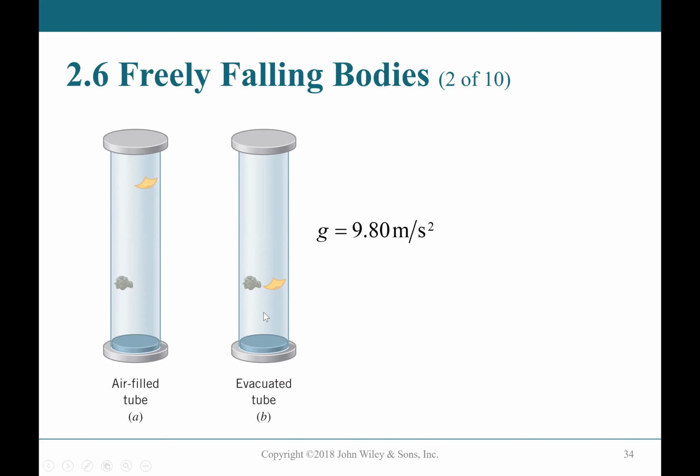But in this evacuated tube, in other words, if I ignore or remove air, then the boulder and the paper, a light object and a heavy object, fall at the same rate. Only one value. It doesn't matter how heavy it is or how light it is. This is my constant value for freely falling bodies.